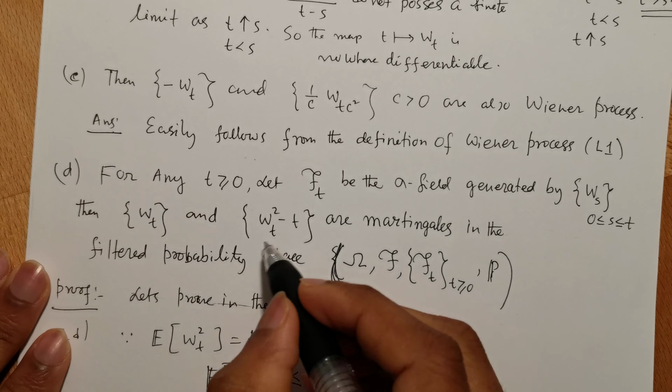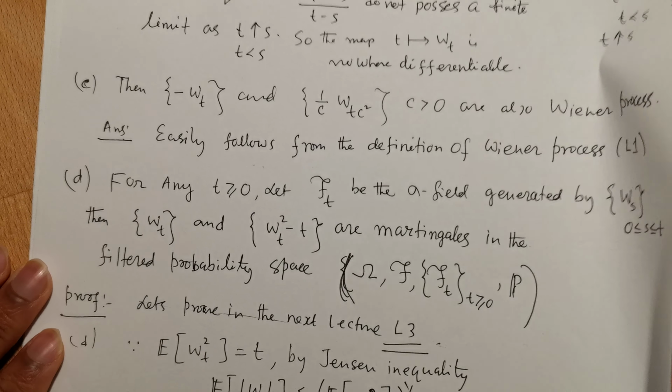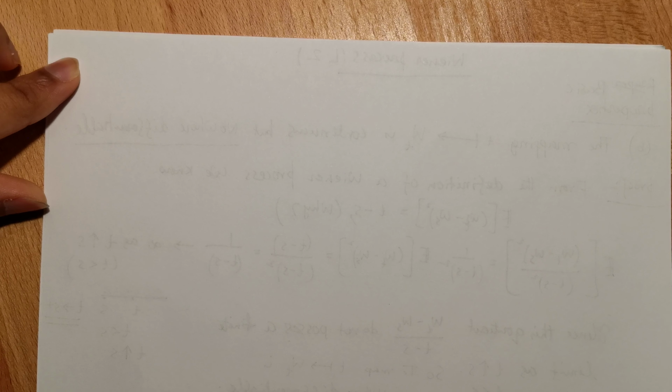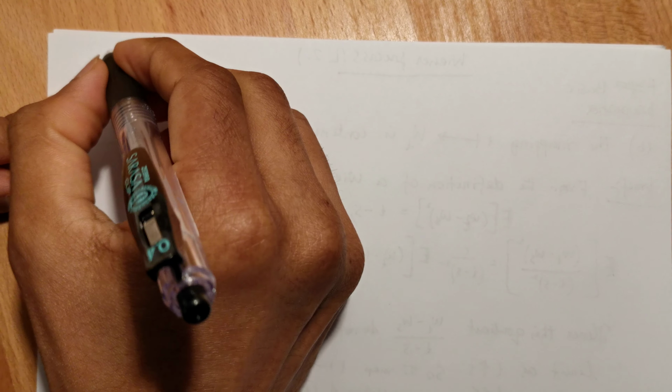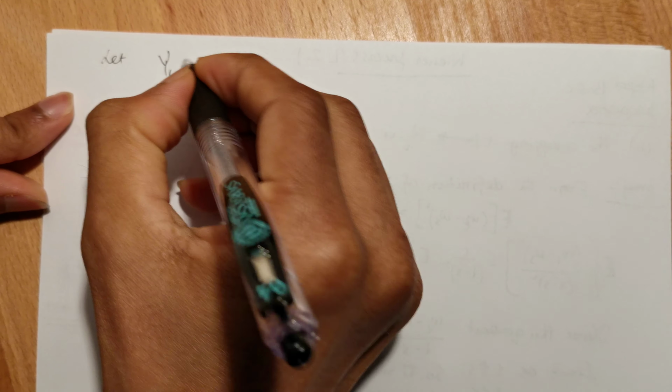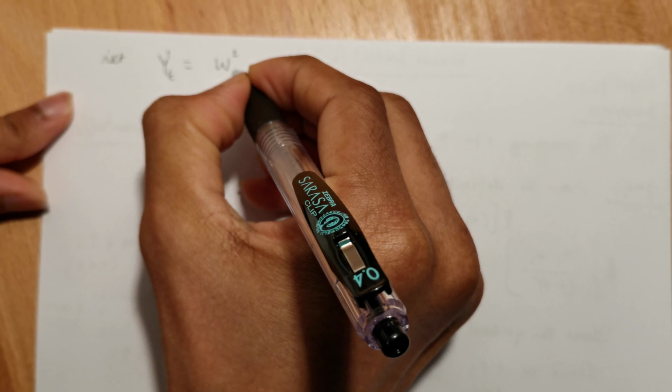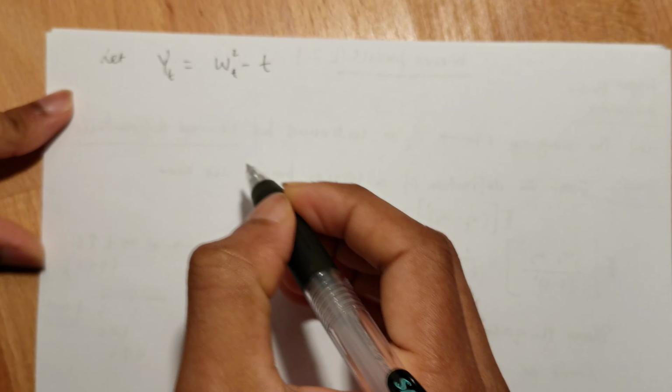Now we have to prove that W squared t minus t is also a martingale. Let Yt be W squared t minus t.